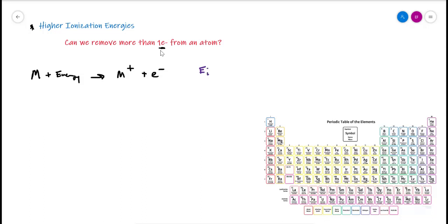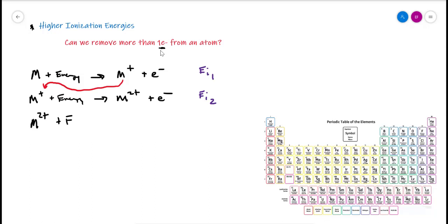But here we're going to call that ionization energy 1, so that we can say, well, what happens if we take this ion that we just created and we say, let's yank another electron out of it. So let's add some more energy to it, and that gives us M2+ plus another electron, and then we're going to call that the second ionization energy, and we could do this plus energy, make M3+, etc., and we could continue down this road, obviously just removing one electron each time.